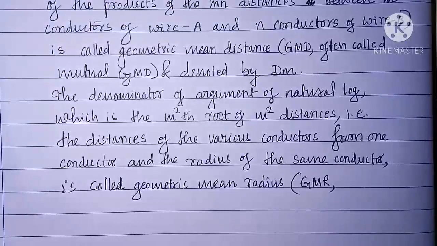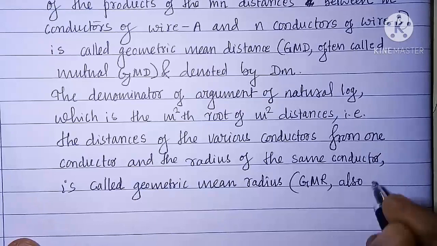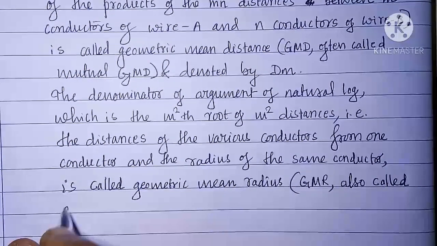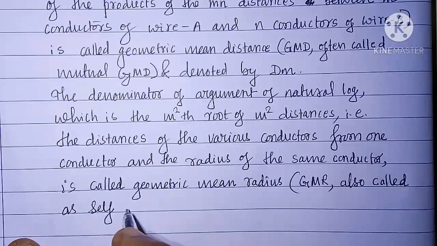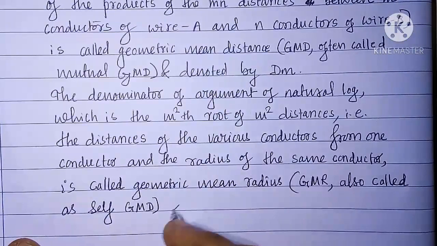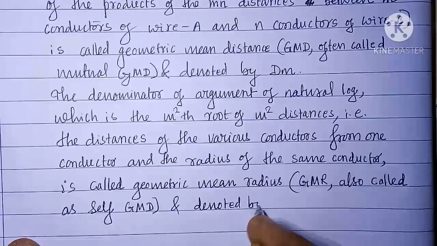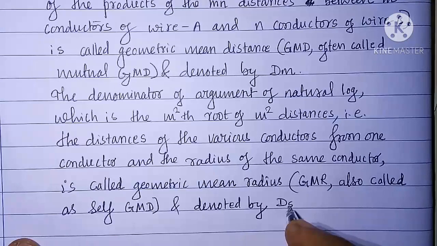It is abbreviated as GMR, also called self GMD, and denoted by ds.